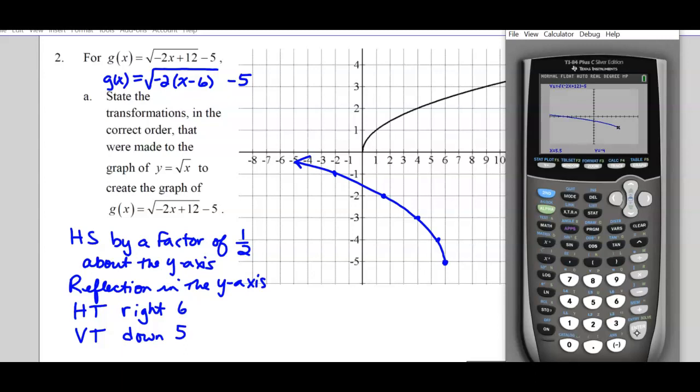You could also use your table feature. Second graph is table. It will go through and give you values. So set your table to start at like negative 6 and go up by, I don't know, 0.5.